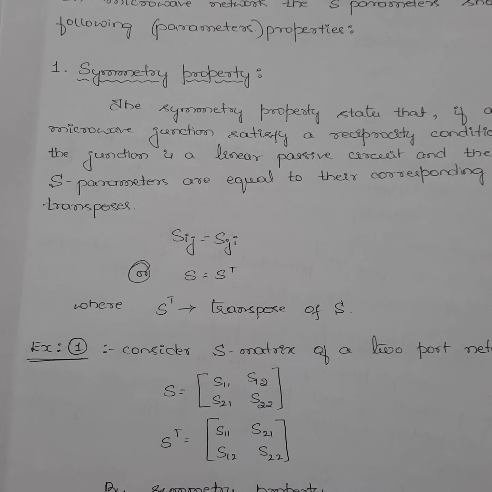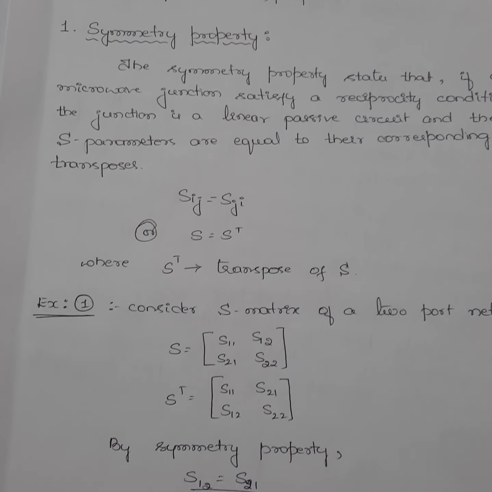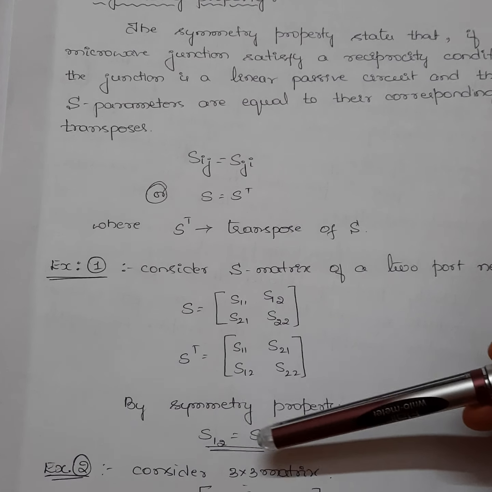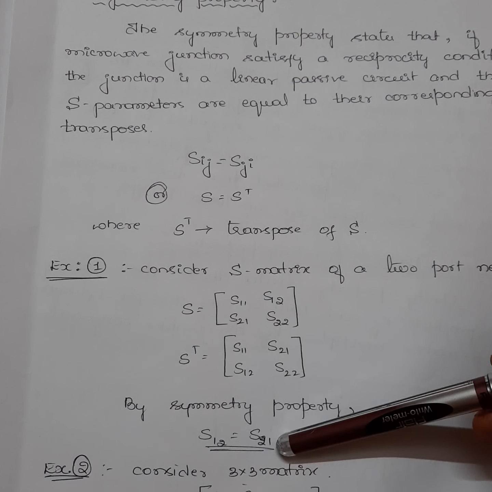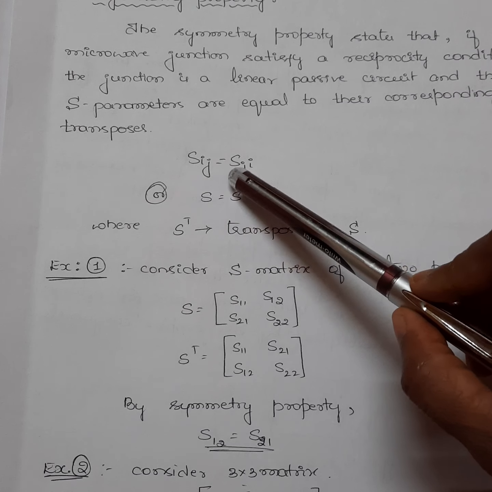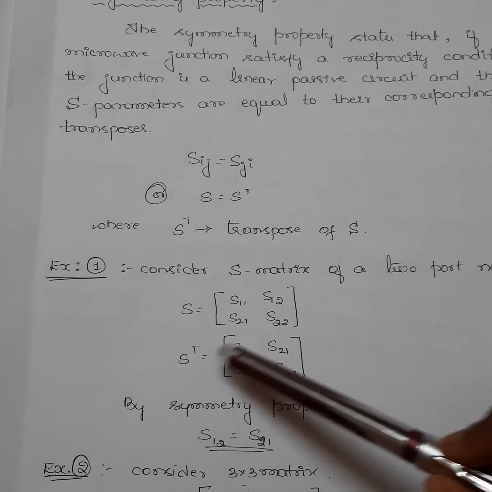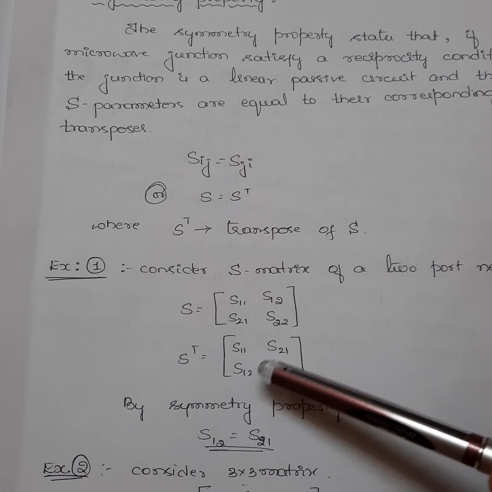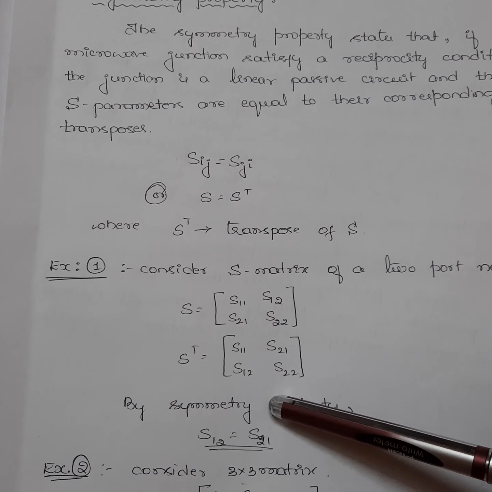By the symmetry property, Sij is equal to Sji, so S12 is equal to S21.